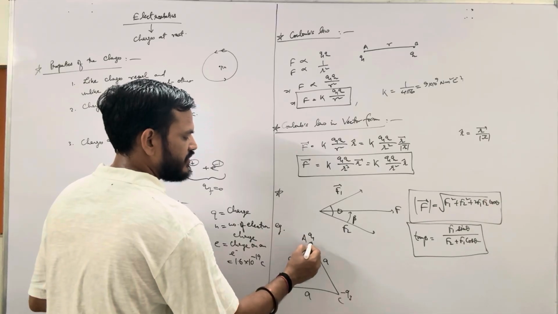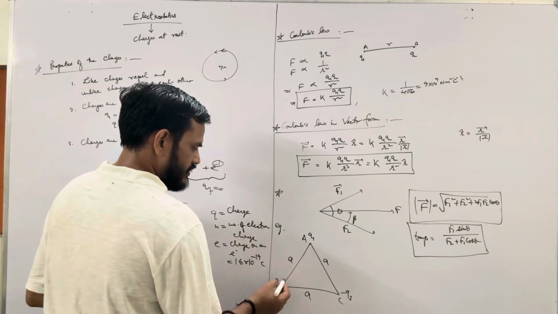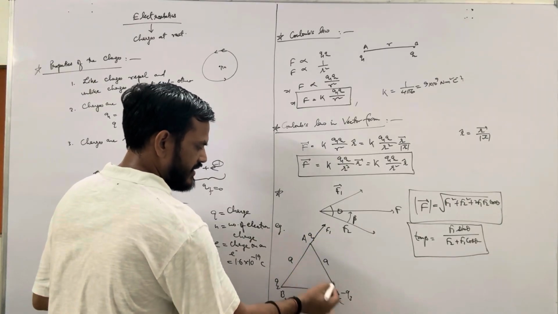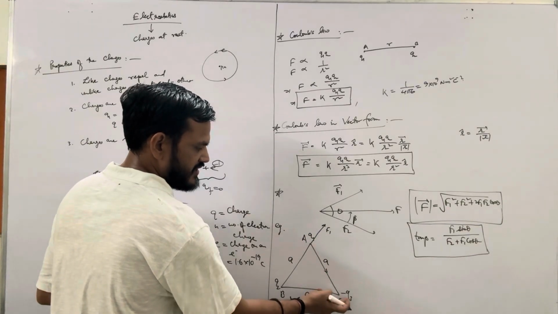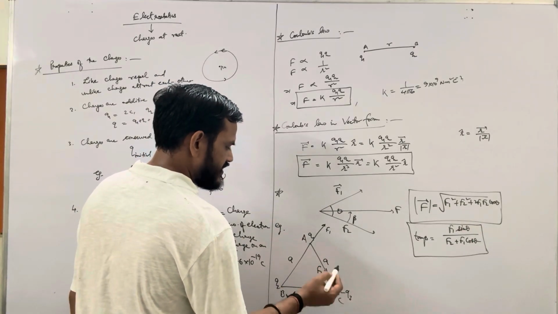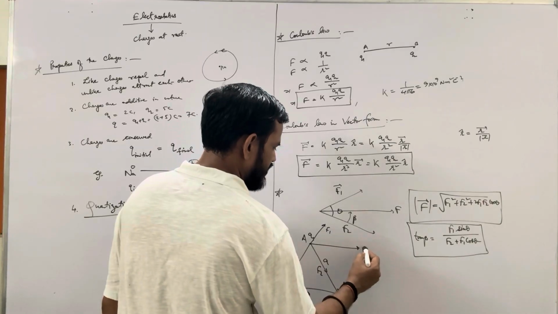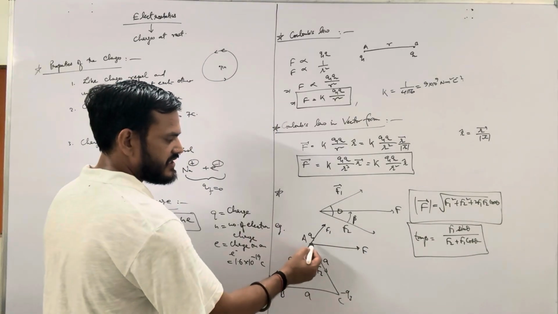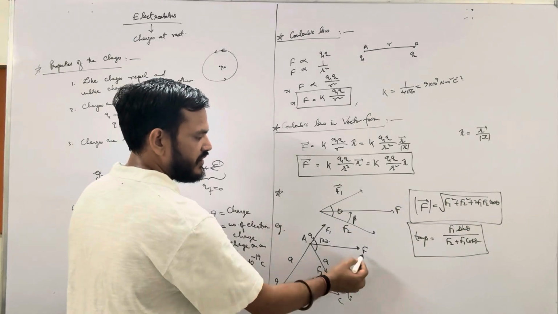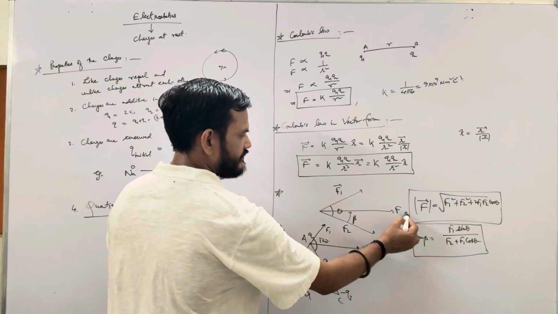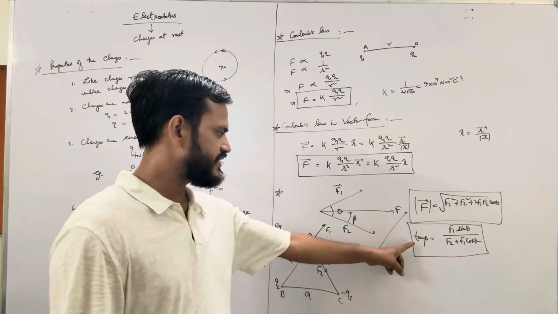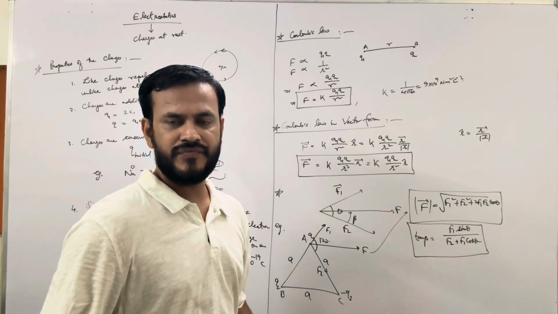If you want to find the total force at A, the force exerted by Q2 and Q1 will be along this direction, F1, and due to Q3, because this is negative, it will attract, so the force will be F2 in this direction. The resultant force will be F along this direction. Since it is equilateral, this angle will be 120 degrees, so we can use this formula to find the value of F. We can also find the angle it will make with F2 using this formula, guys.